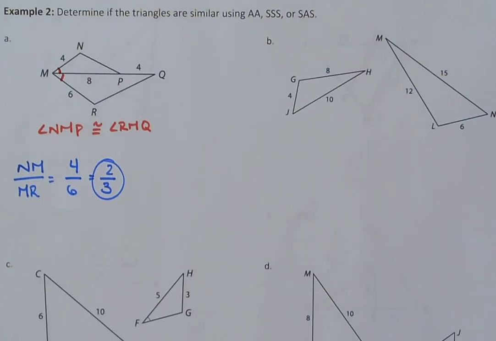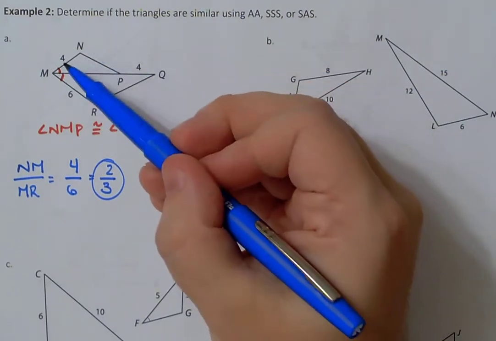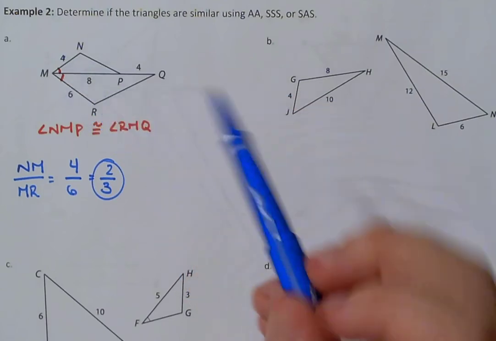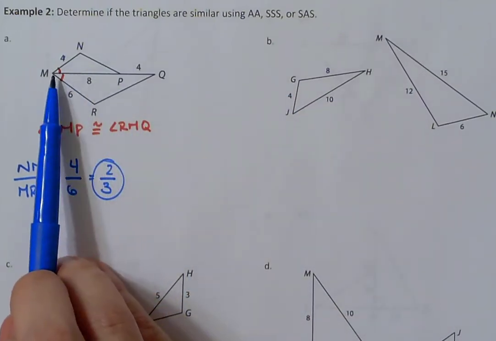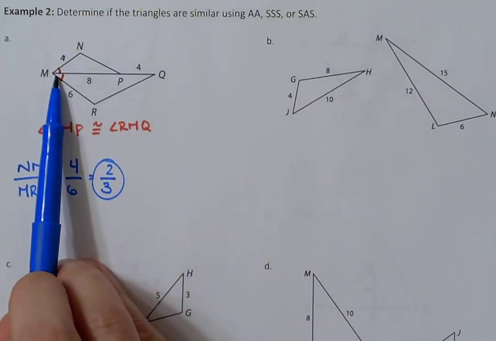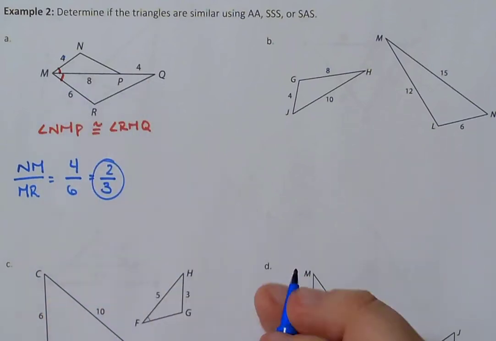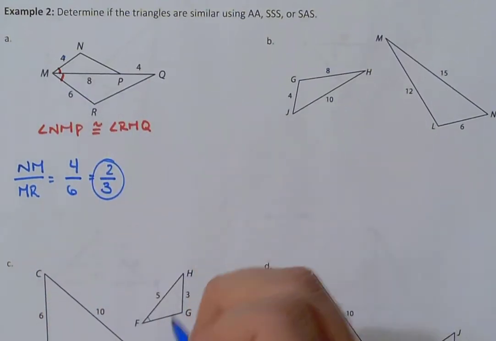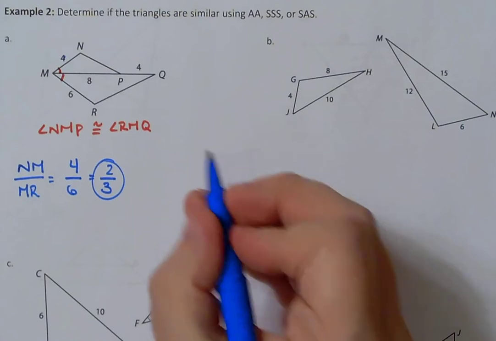So that's my scale factor, or my proportion, for these two side lengths. Now next, we have to figure out for MP and then MQ to determine if they are proportional to each other.